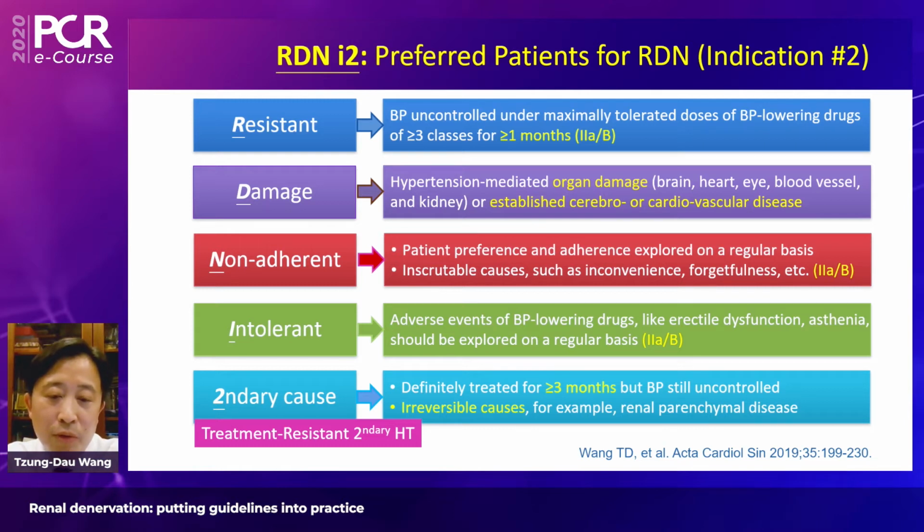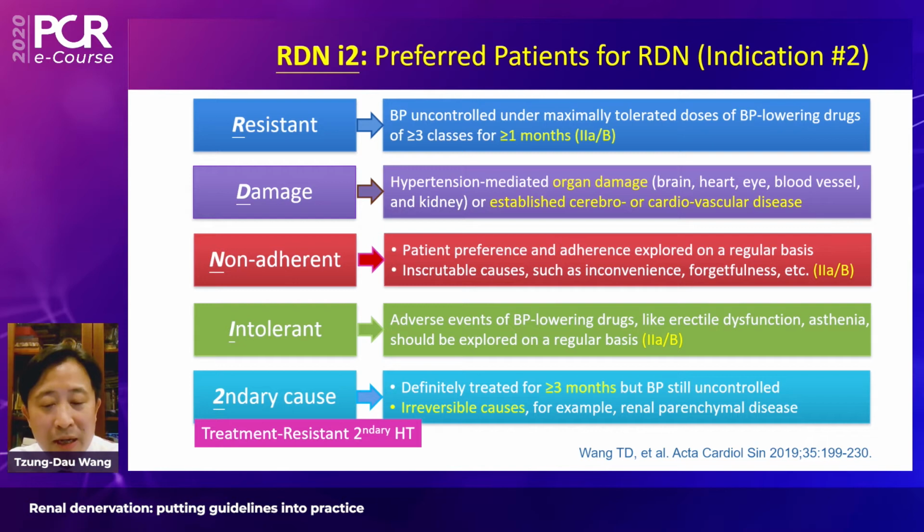And finally, the 2. 2 means secondary hypertension. Secondary hypertension is routinely excluded in trials and also routinely assessed in patients with poor control or uncontrolled hypertension. But after treatment of the secondary cause, if the patient is still hypertensive, we define those patients as treatment-resistant secondary hypertensive patients.